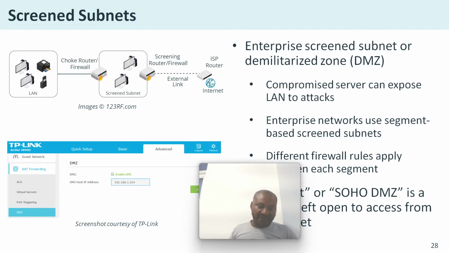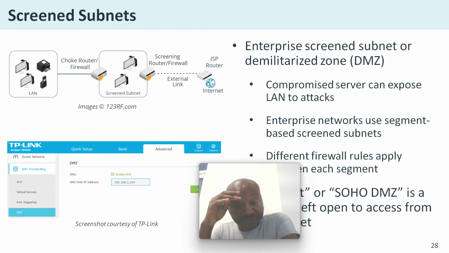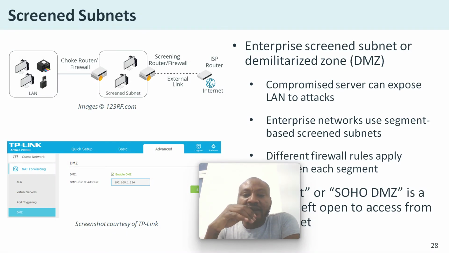What are screened subnets? Now take a look at this. There is a way you can set up your network so that this network will not be part of your entire network, and not part of your external network either. We call that a demilitarized zone, the DMZ.